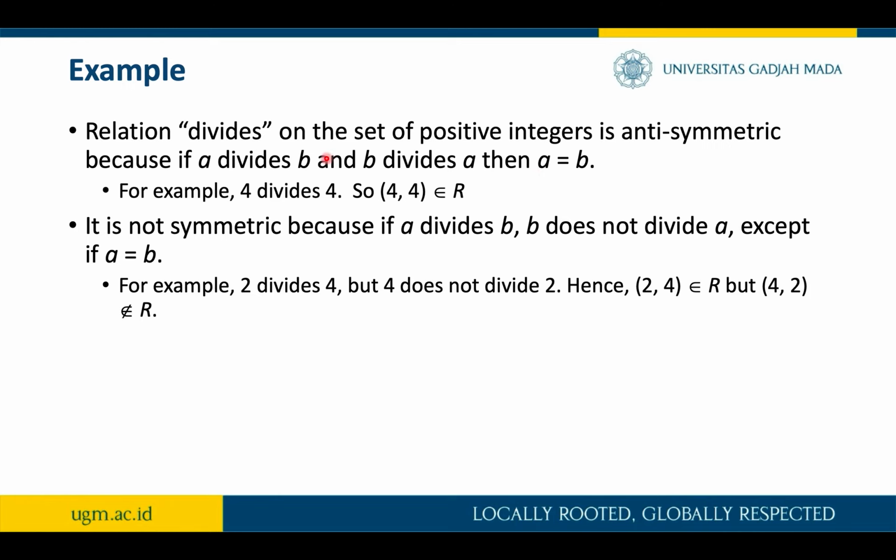But if A and B are not the same number, then if A divides B, B doesn't divide A. So, for example, 2 divides 4, but of course 4 doesn't divide 2.